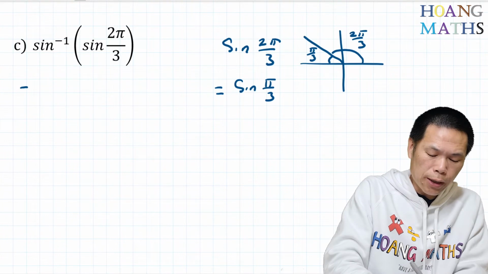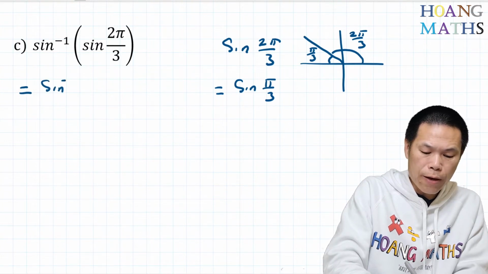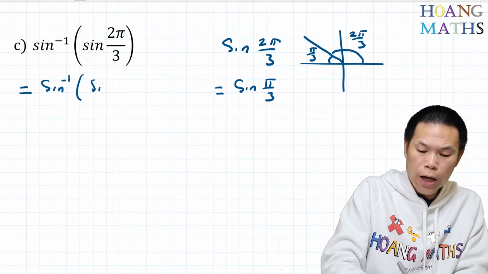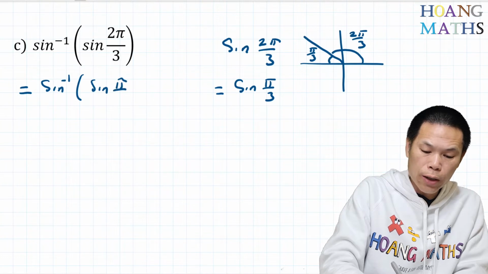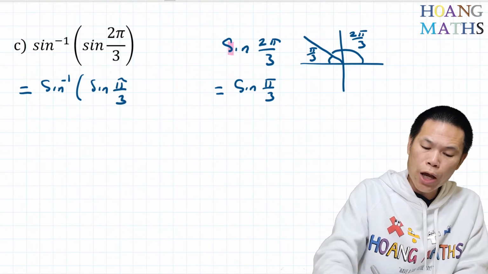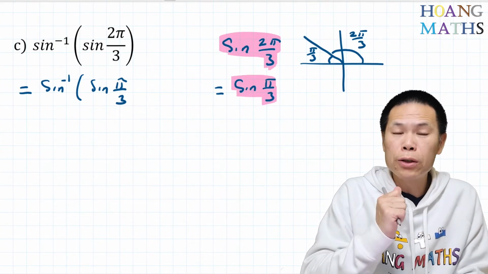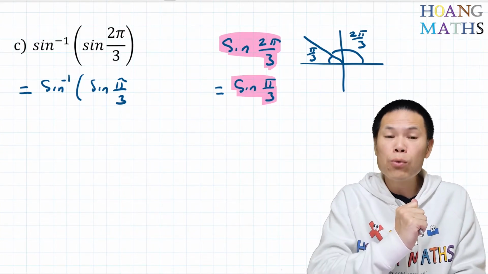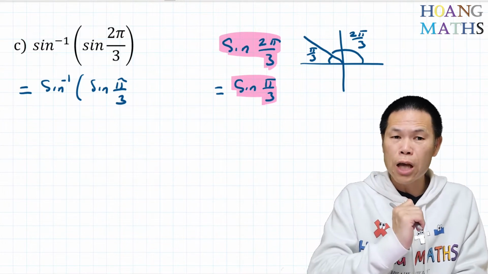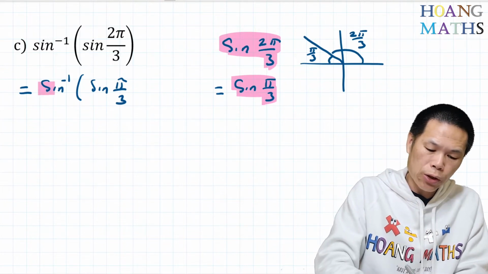So now this is exactly the same as sine inverse of sine pi over 3, because sine of 2 pi over 3 is the same as sine of pi over 3. Now, because pi over 3 is within the range of the inverse sine, we can just cancel each other out.